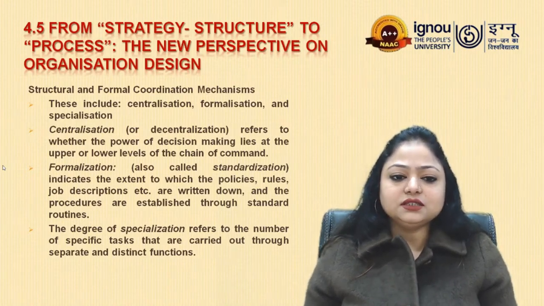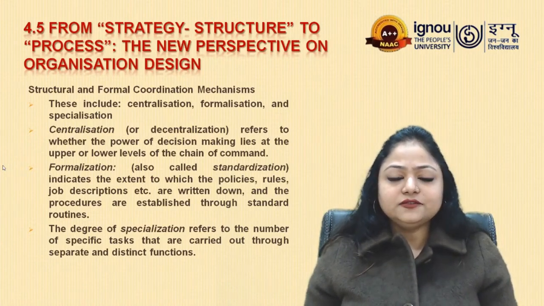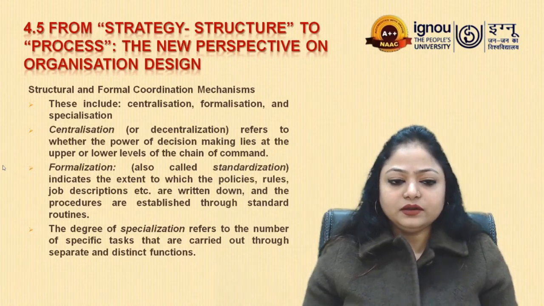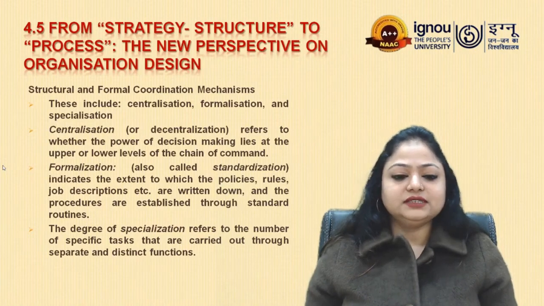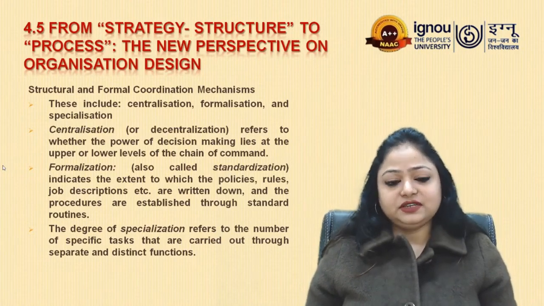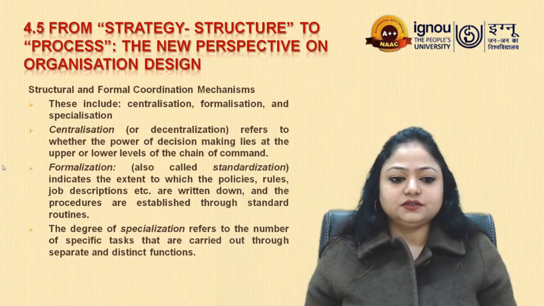So everything is in written form, procedures are established through standard routines, and there is a formal procedure to be followed for each and every task, each and every function in that particular organization. So design should be such that a degree of specialization is there. What does it mean? It refers to the number of specific tasks that are carried out through separate and distinct functions.